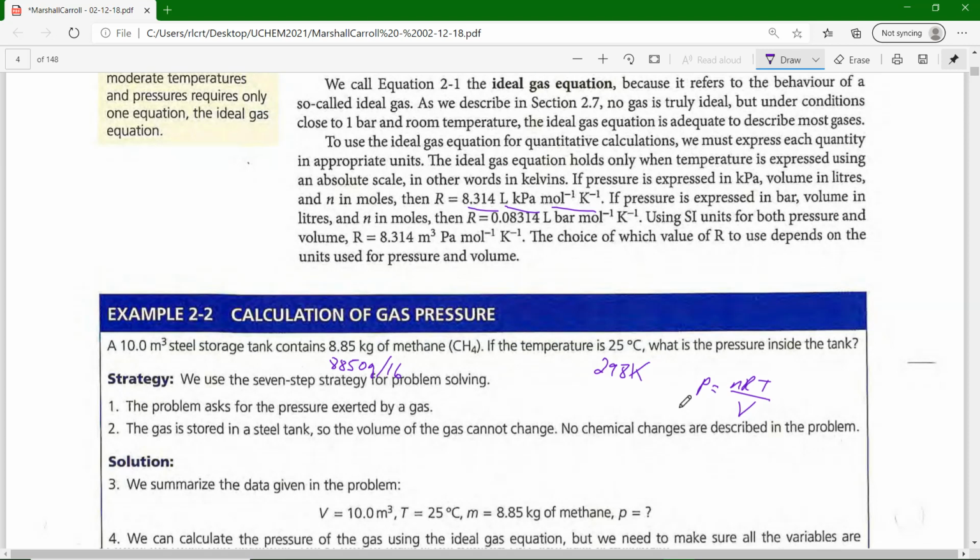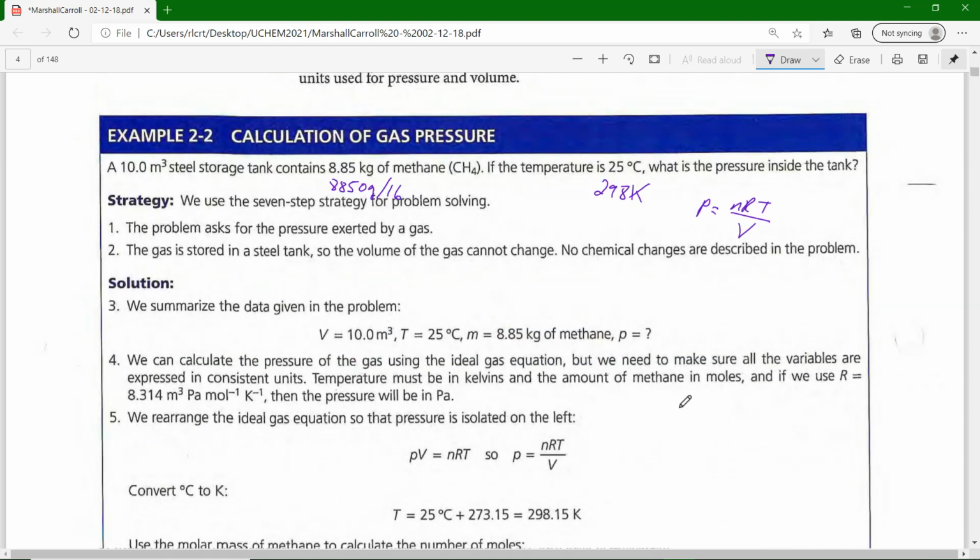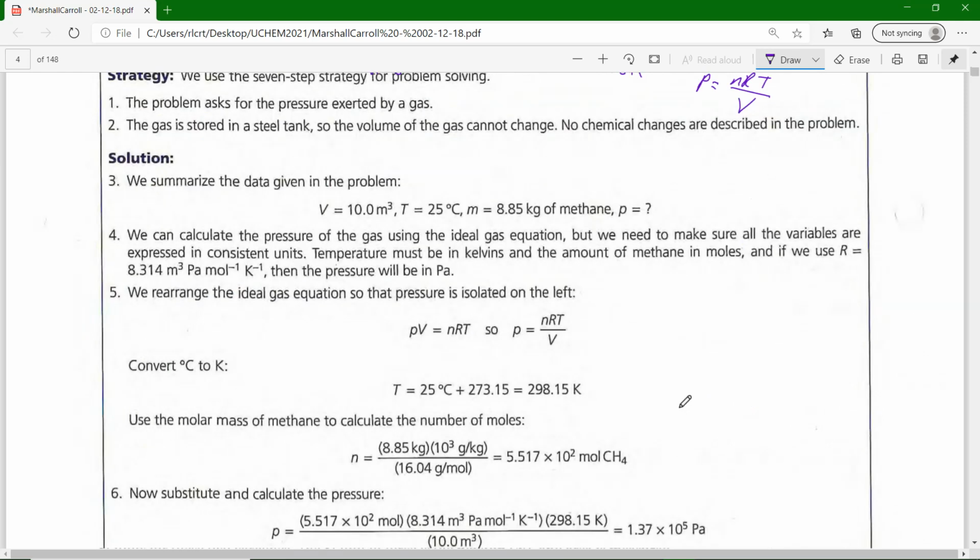And so the number of moles is 8.85 times 1,000 divided by 16, so 551.7 moles. R is 8.314 cubic meter pascals per mole per Kelvin, temperature 298.15. And I can keep the volume in cubic meters.